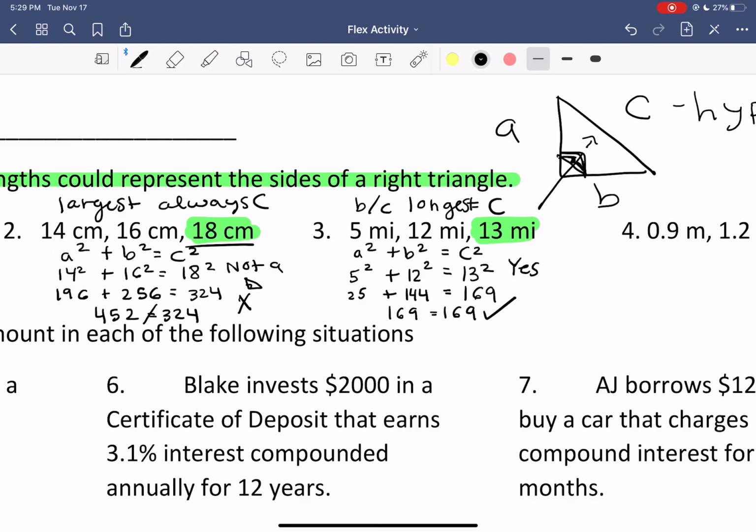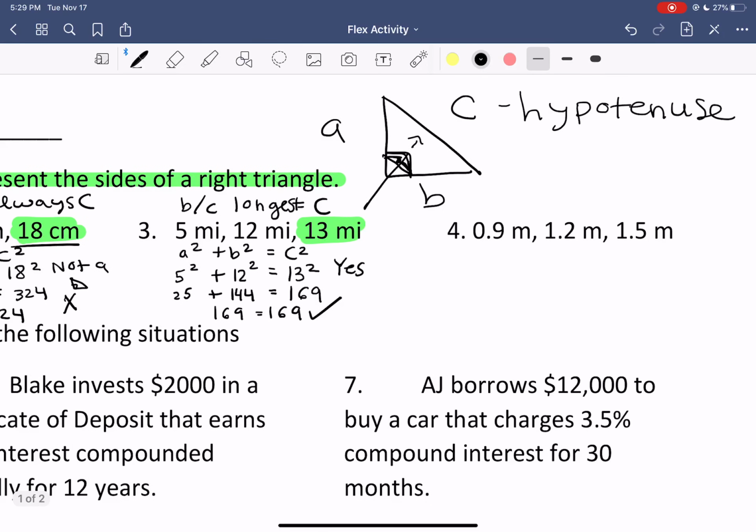The very last one in this section, we look for our longest: 0.9, 1.2, and 1.5. 1.5 is C because it is the longest. A squared plus B squared equals C squared, with C always having to be the longest.